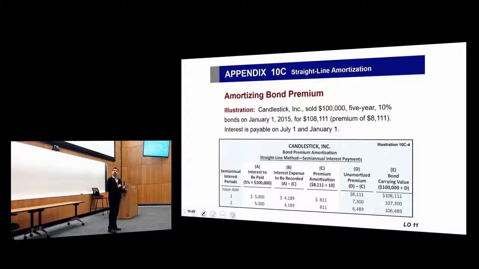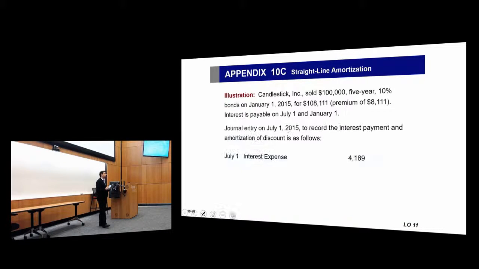For the journal entry, interest expense will be debited 4,189, that's equal to 5,000 minus the amortization, and premium will also be debited. Remember that we are trying to decrease it, so it has to be debited.